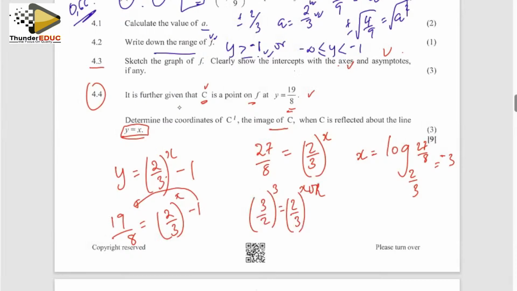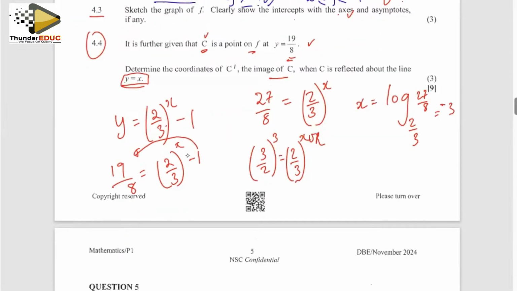Alternatively, if I find the exponents, this is going to be (3/2) cubed, because 3 cubed is 27 and 2 cubed is 8, is equal to (2/3) to the x. But now I want the same base to be 2/3. That can only happen if I switch the numerator and denominator, and that can only happen if the exponent is negative.